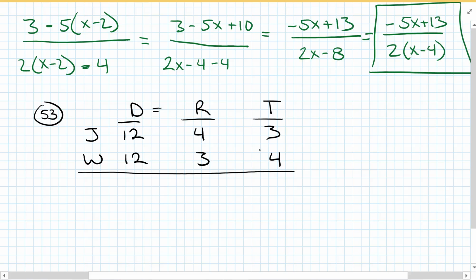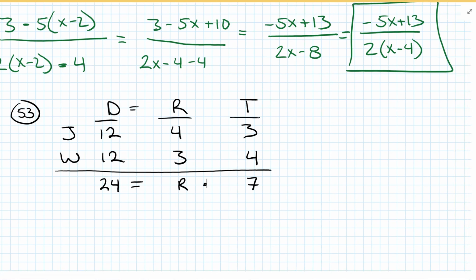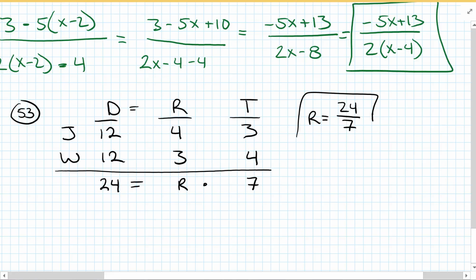So to find my average rate, 12 plus 12 is 24. 3 plus 4 is 7. So my rate is unknown. Okay. So to find my rate for the top problem, r is just going to be 24 over 7. Okay. Because you can add your time and you can add your distance. The rates you can't add that way.